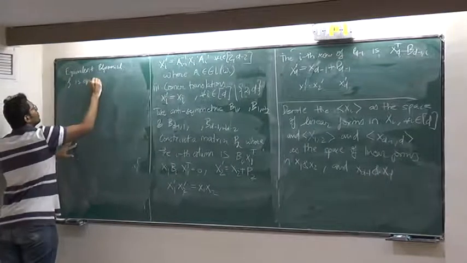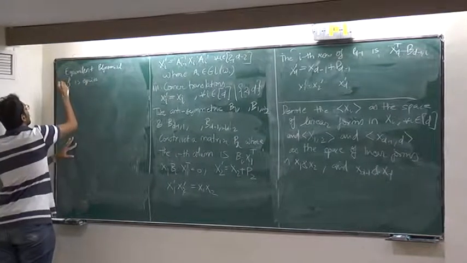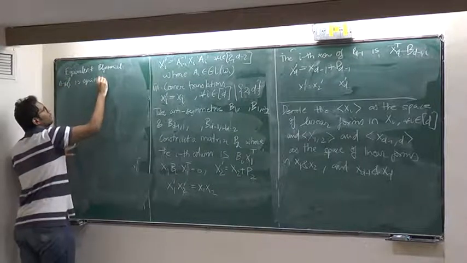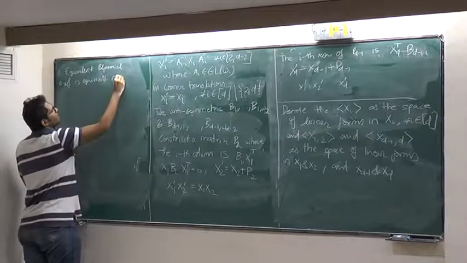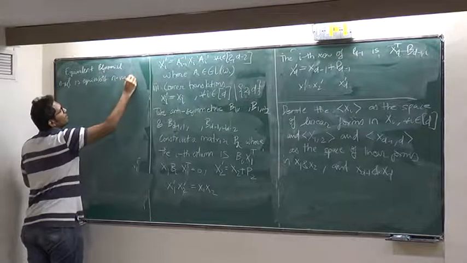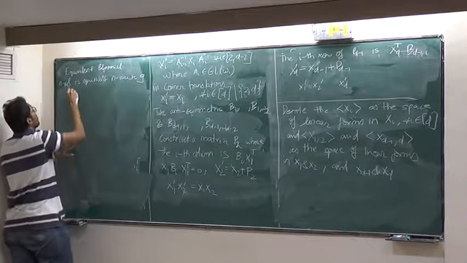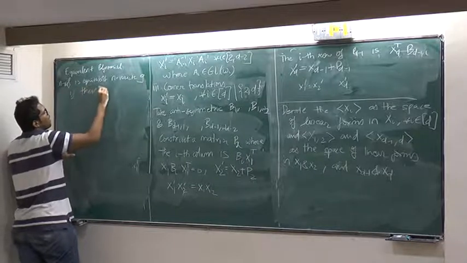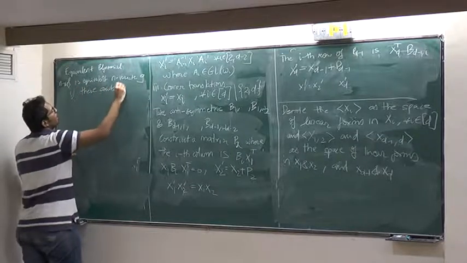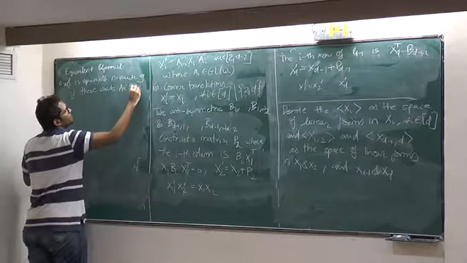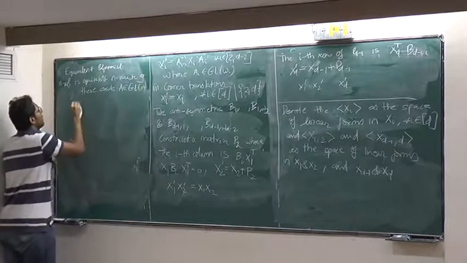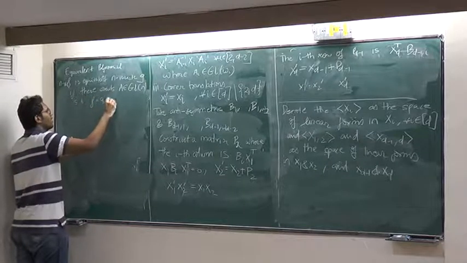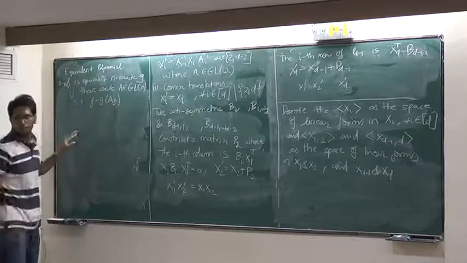An n-variate f is equivalent to an n-variate g if there exists A in GL_n such that f is equal to g(Ax).